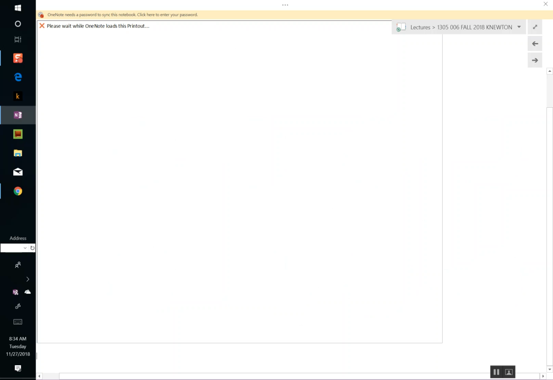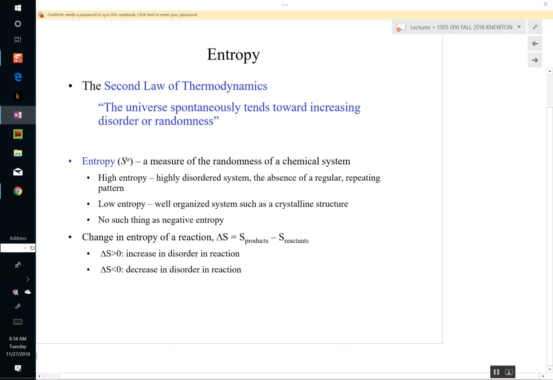So let's get a couple more examples here. The second law of thermodynamics: the universe spontaneously tends toward increasing disorder or randomness.